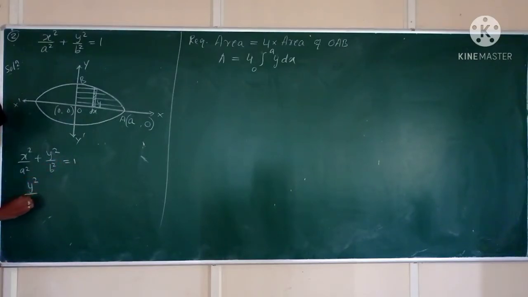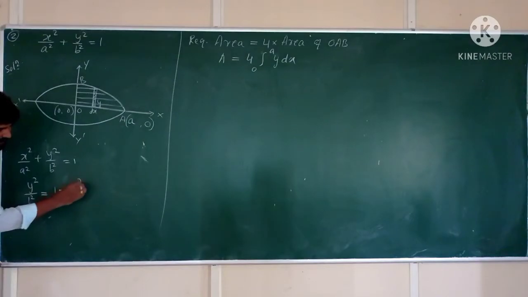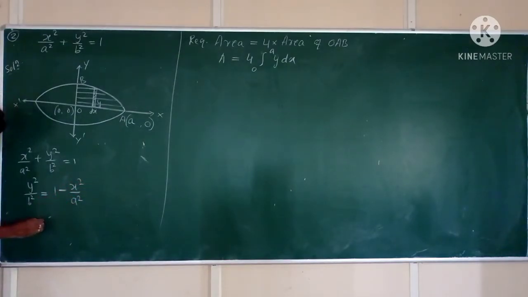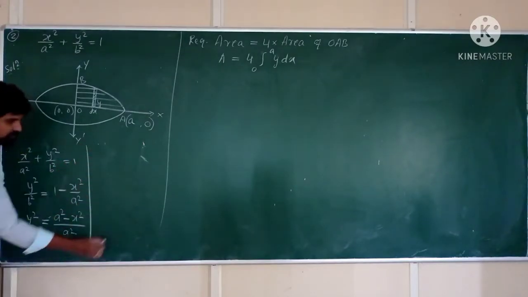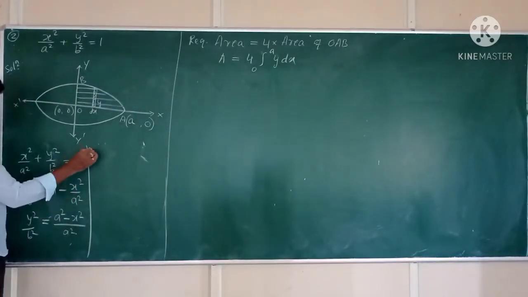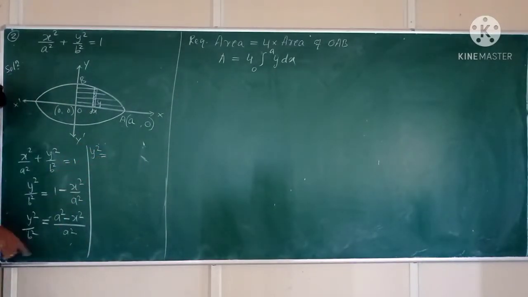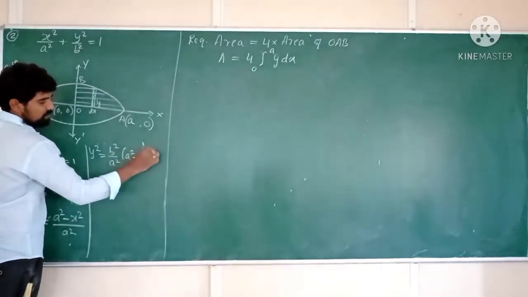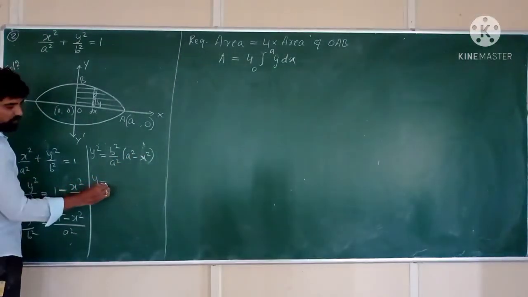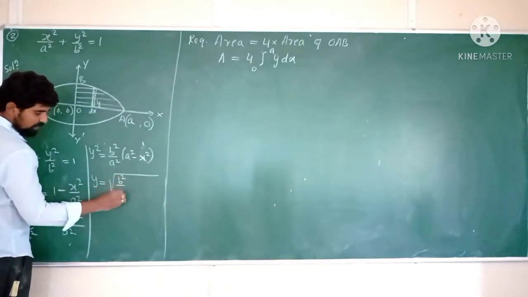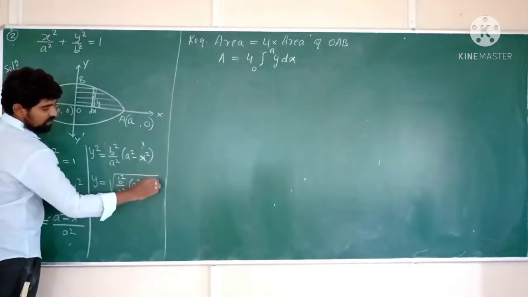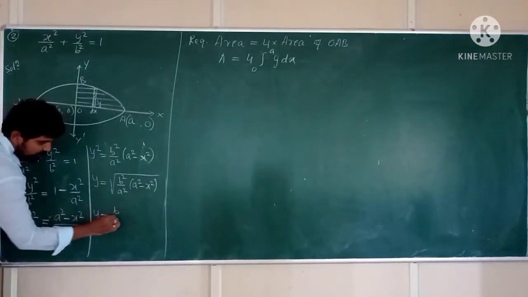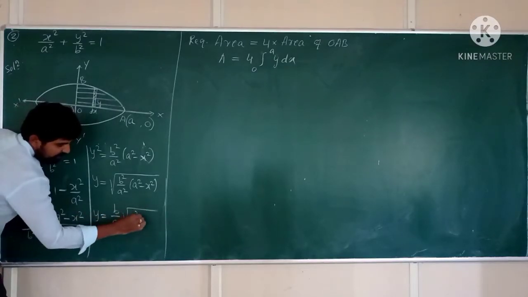So y squared divided by b squared is equal to 1 minus x squared divided by a squared, which is a squared minus x squared divided by a squared, since the LCM is a squared. Hence y squared is equal to b squared divided by a squared into a squared minus x squared. Therefore y is the square root of b squared divided by a squared into a squared minus x squared, or y is equal to b by a into the square root of a squared minus x squared.